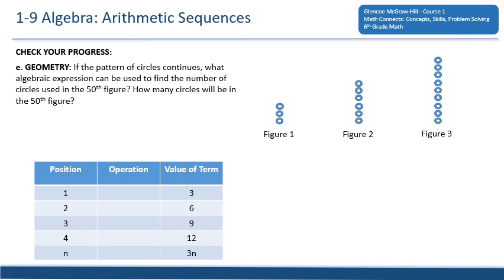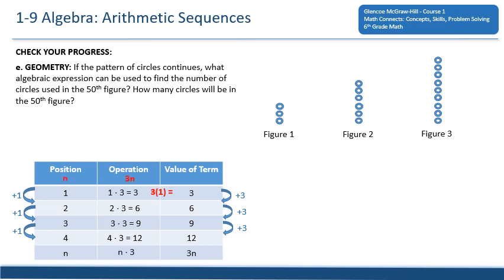So if we use our table again, position 1, position 2 is plus 1, but the value is plus 3. So we have plus 1, plus 3, plus 1, plus 3. 1 times 3 equals 3. 2 times 3 equals 6. 3 times 3 equals 9. 4 times 3 equals 12.